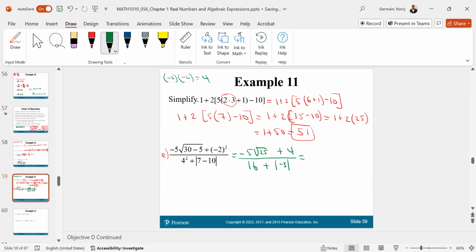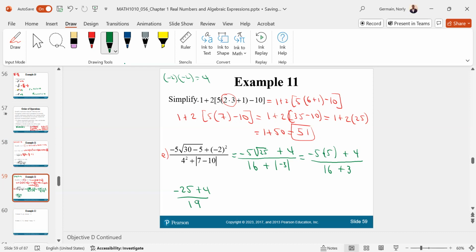So we have -5 times 5. Remember, that's a parenthesis here if we want, plus 4 over 16. The absolute value of any negative number is positive, okay? So, negative 25 plus 4 over 19.